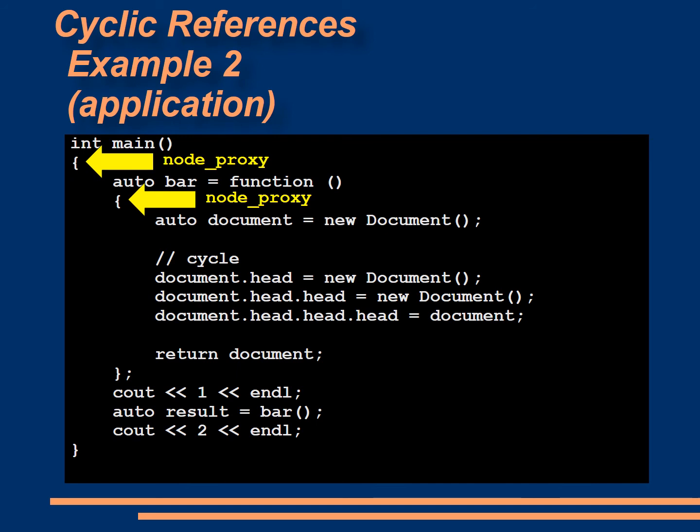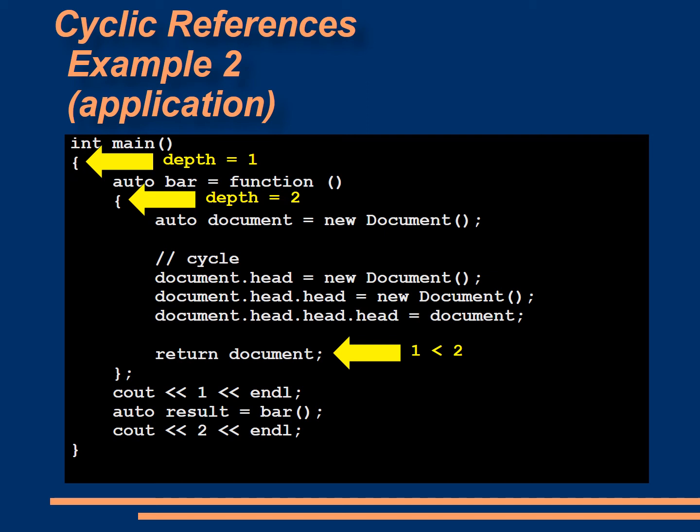Once again, at each scope we have an implicit node proxy. It has to be mentioned also that the node proxy contains the following characteristic, which is the depth level of each scope. So the function main contains a node proxy with the depth level 1. Within that main function, there's going to be the bar function that has a depth level of 2.